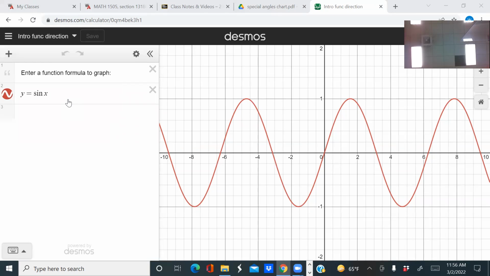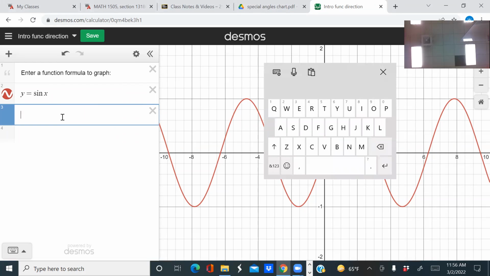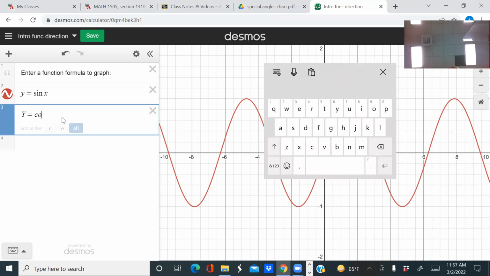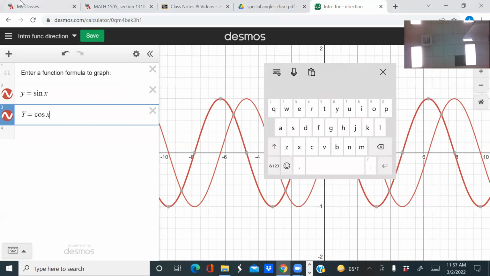Okay, if we throw in here the cosine curve, you see it looks very similar.